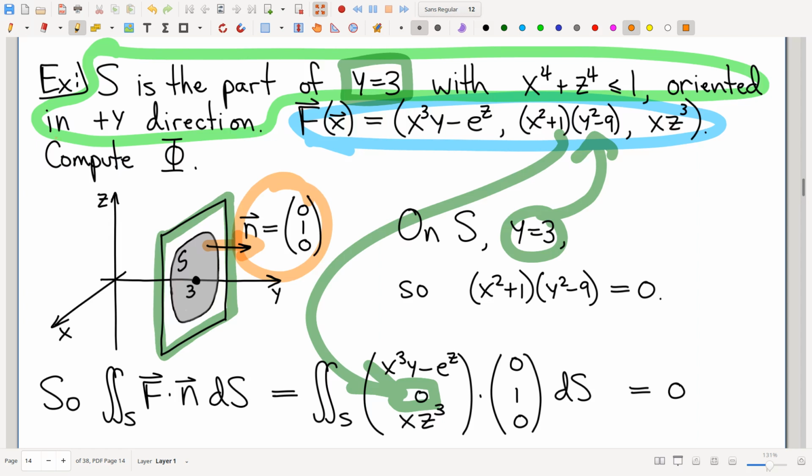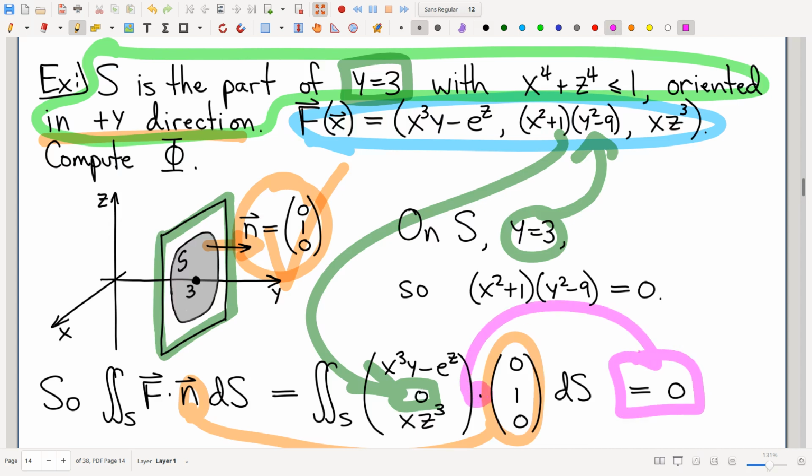It says right here I'm oriented in the positive y direction, so it's 0, 1, 0 instead of 0, negative 1, 0. So write that down. Right? That goes here. And game over, because, again, no parameterization. Don't have to parameterize at all. Independent of how that might work out, the dot product is clearly 0. We're done. Problem solved.